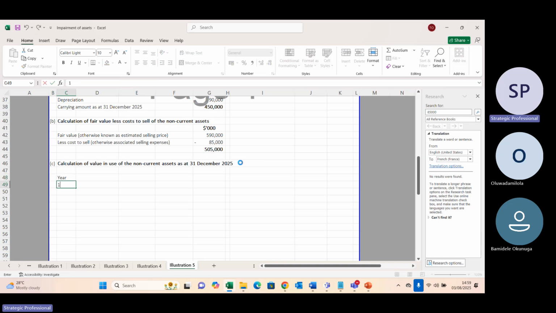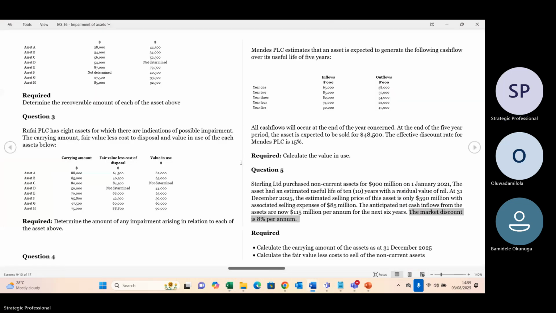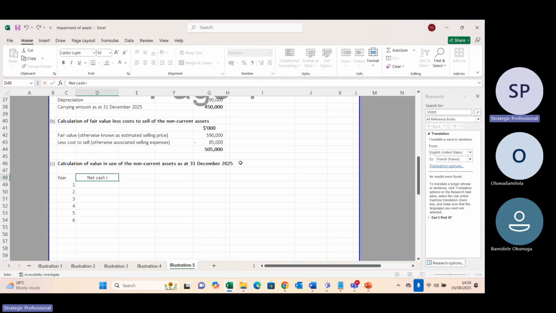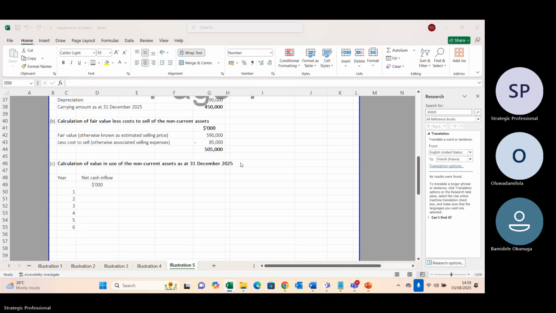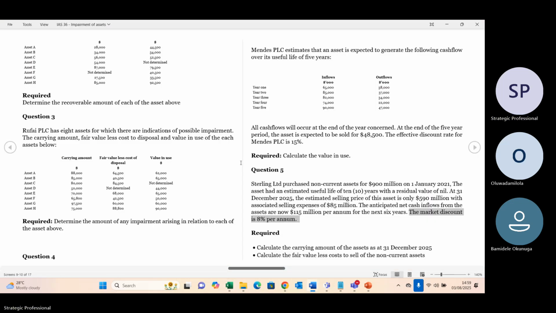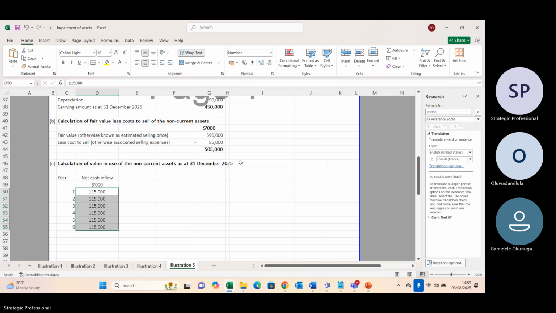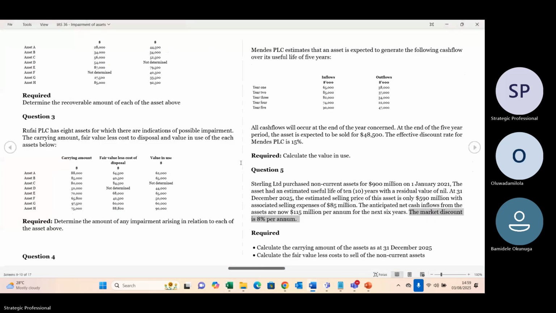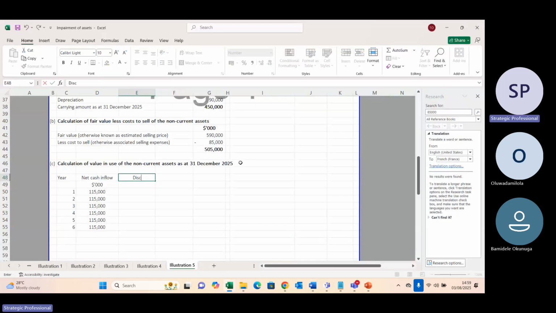Year 1, year 2, year 3, year 4, year 5, year 6. Then the cash inflow, $150 million. Then the discount factor.